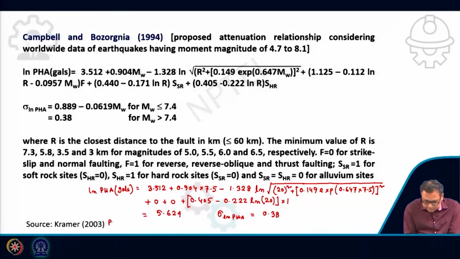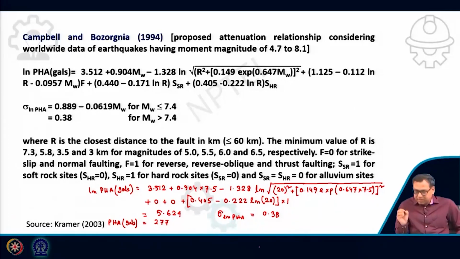I can write PHA in gal, that will be 277. So ln PHA gal is 5.624, and I am taking PHA in gal as 277. Up to this I will get from here.